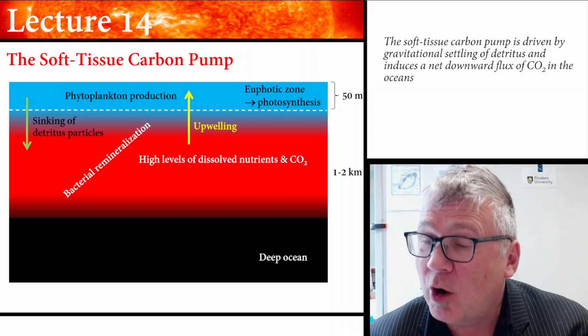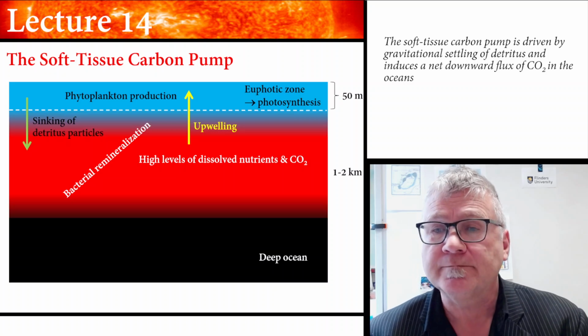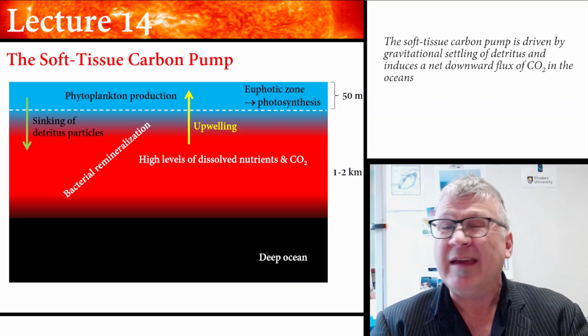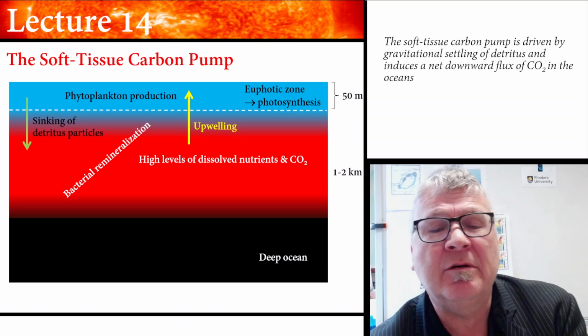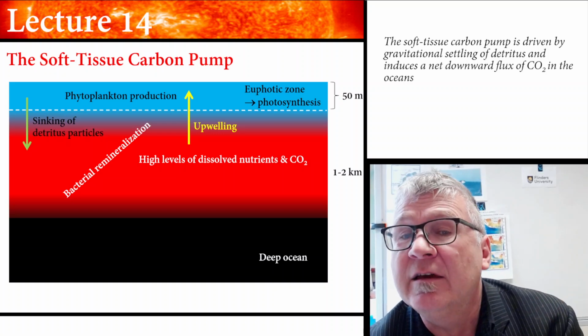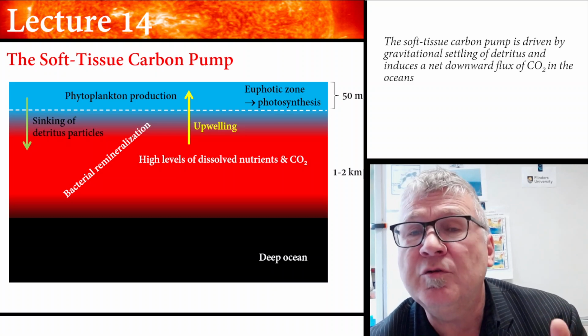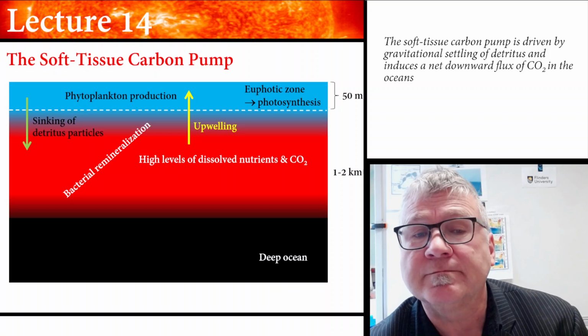Okay, this is how marine food webs form. Okay, it's a little bit of a long story, but this story contains the key features that help you to understand the CO2 distributions in the ocean.